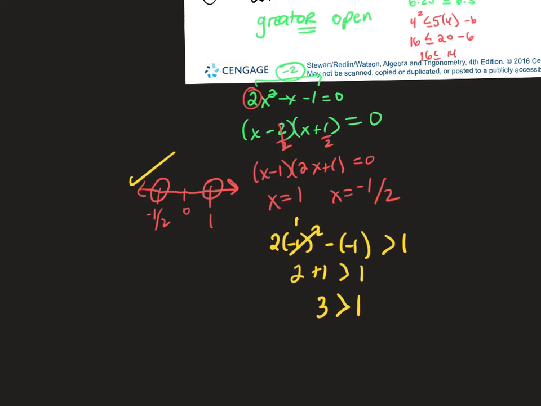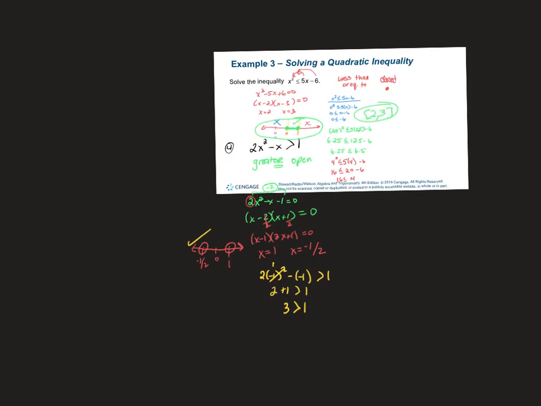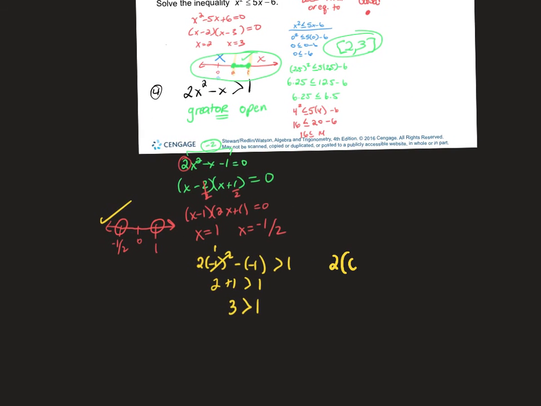What's an easy number to pick in between negative 1/2 and 1? 0. We always like to do 0 if we can. So I have 2 times 0 squared minus 0 greater than 1. Right? Okay, so I have 0 minus 0 is greater than 1.